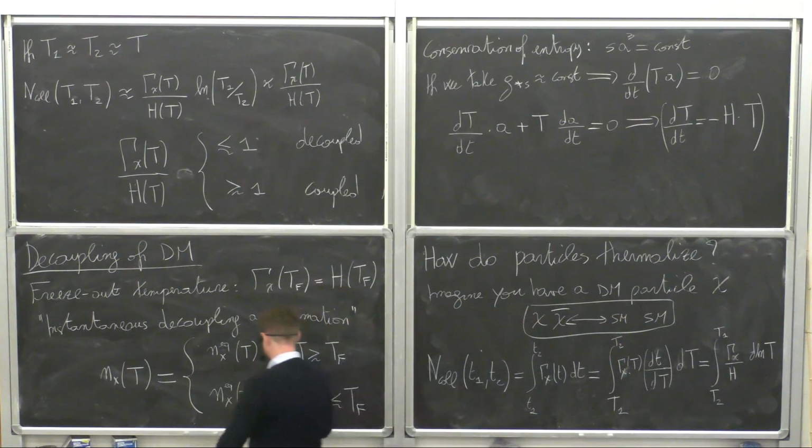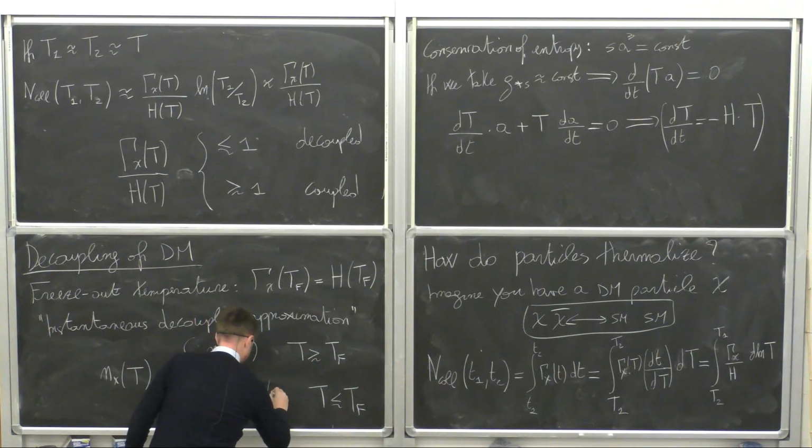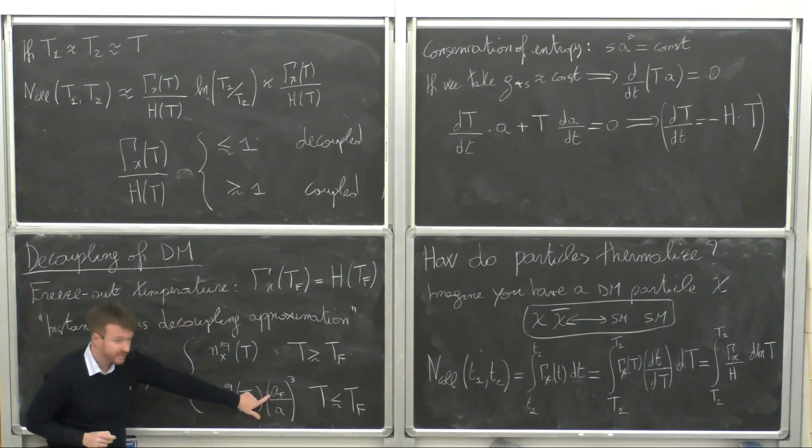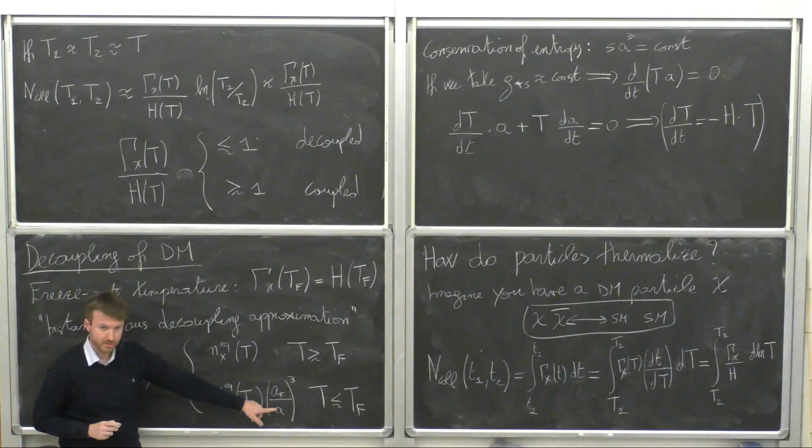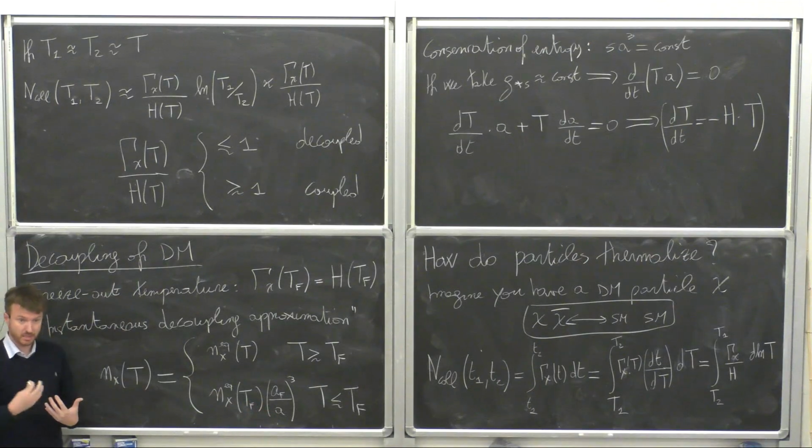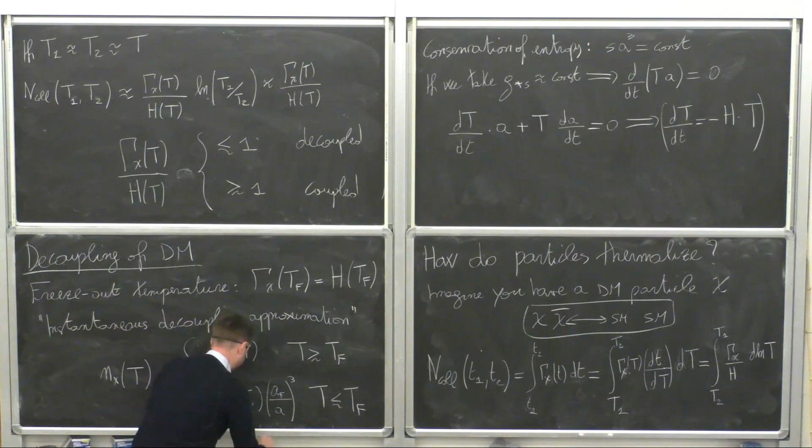But first, let's fix this equation. So this is a. Let me write this as a_F over a cubed, okay? So a_F is the scale factor at freeze out, and this is a, and these are functions of the temperature. So you see that there is a volume dilution. Let me write this better.